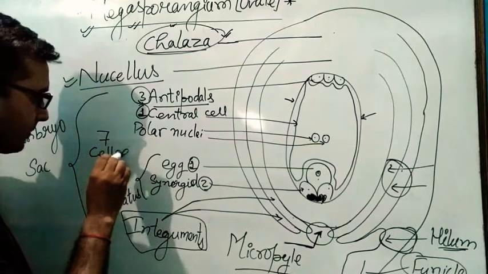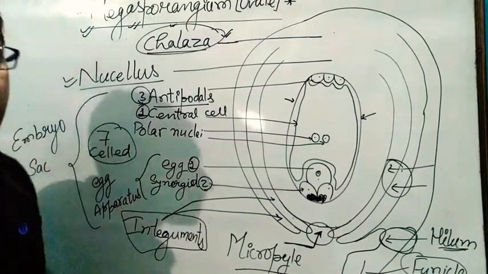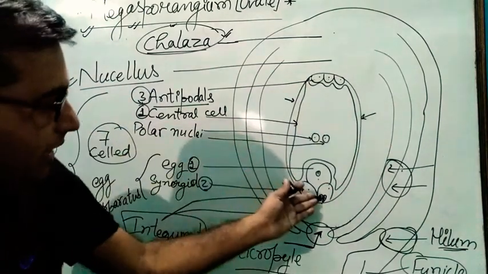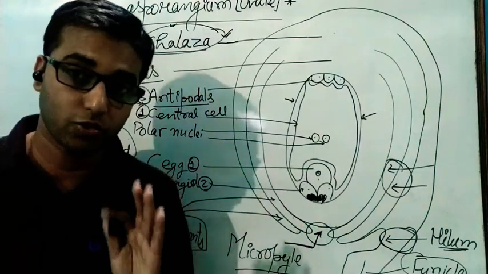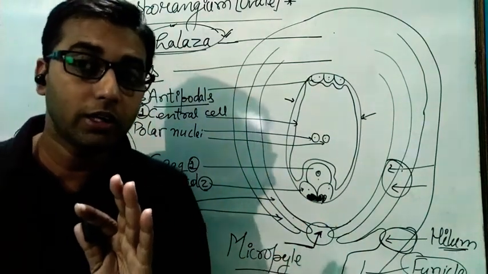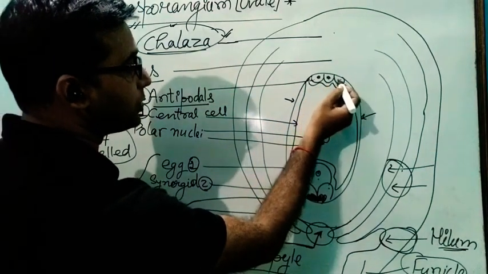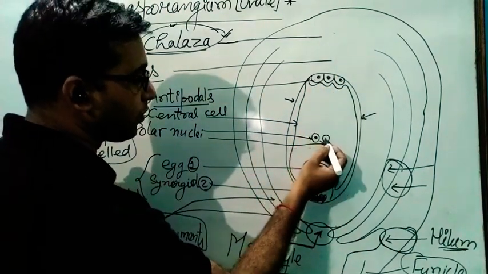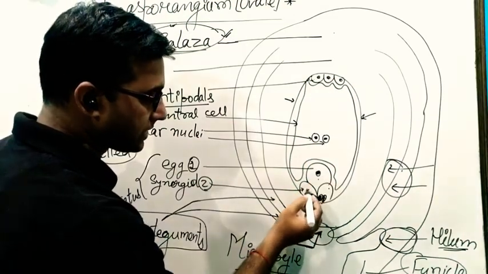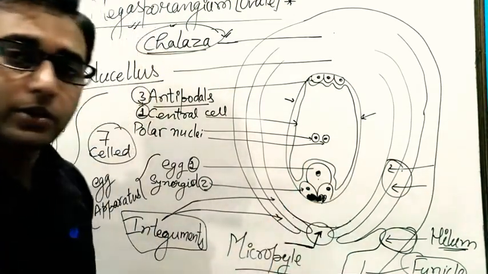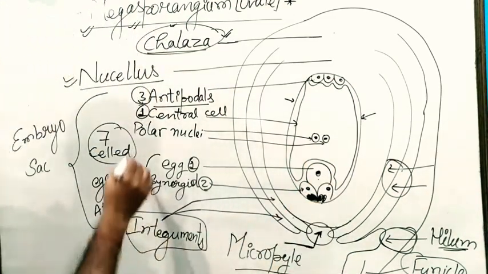A typical female gametophyte is a 7-celled structure, but the nuclei are 8 here. You can count 1, 2, 3, 4, 5, 6, 7, 8. So there are 8 nuclei.